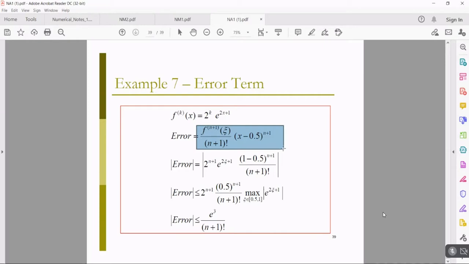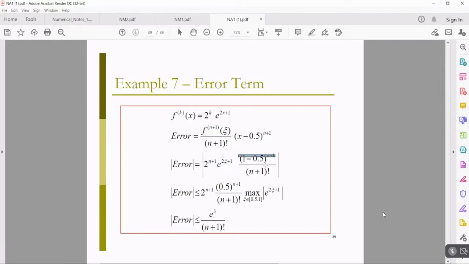Here a is 0.5. We have already calculated f^(k)(x) = 2^k e^(2x+1), so f^(n+1)(xi) is 2^(n+1) e^(2xi+1), and x is 1 because we are calculating the value at x = 1.